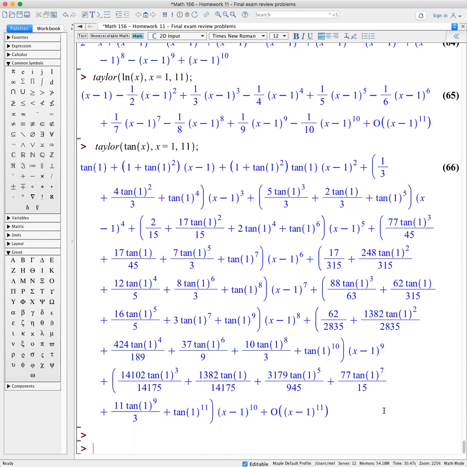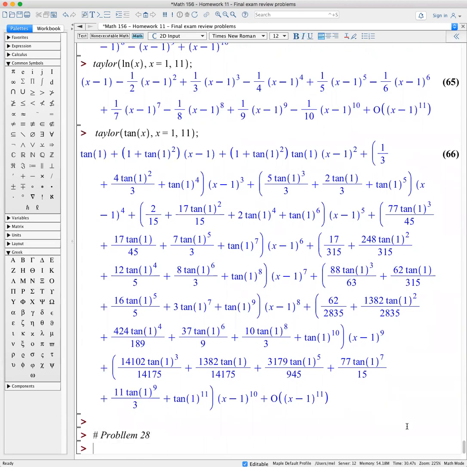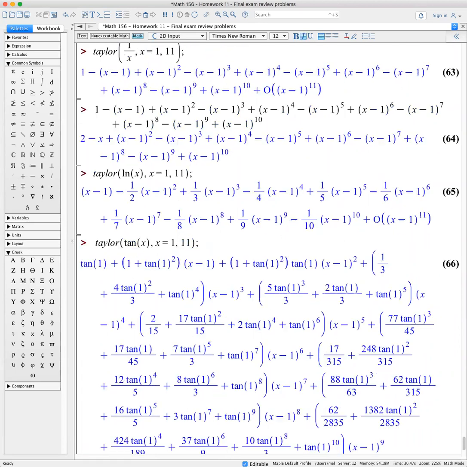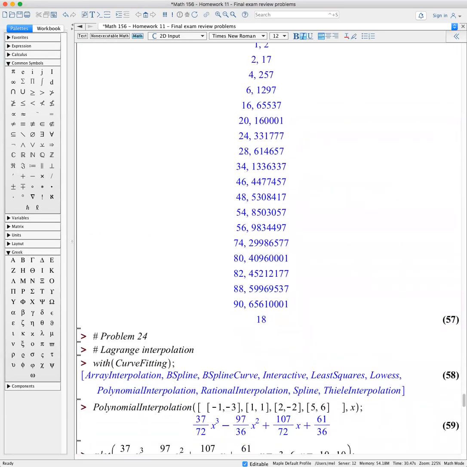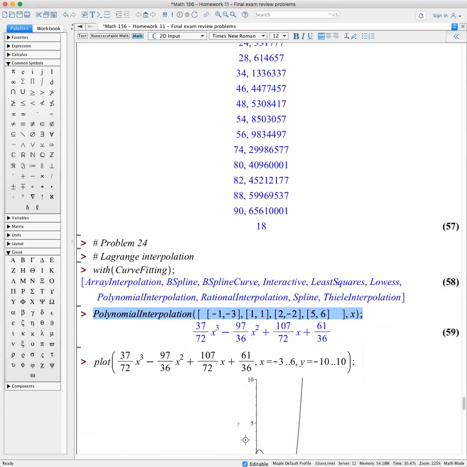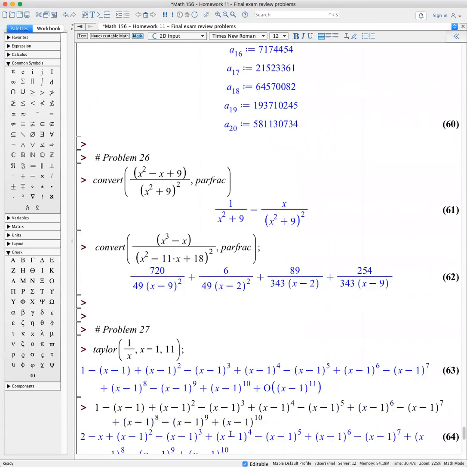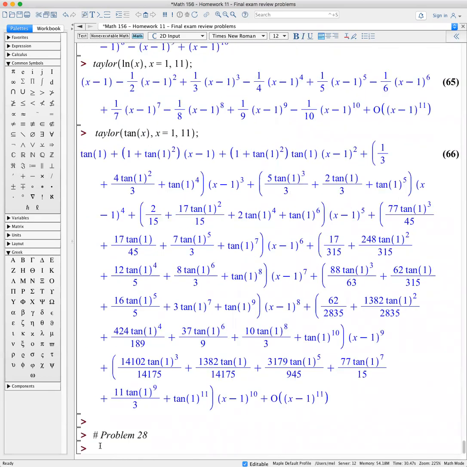Problem number 28 is another polynomial interpolation problem. What was the command? I had already opened my interpolation package, curve fitting, polynomial interpolation. And then the points it is going to go through.